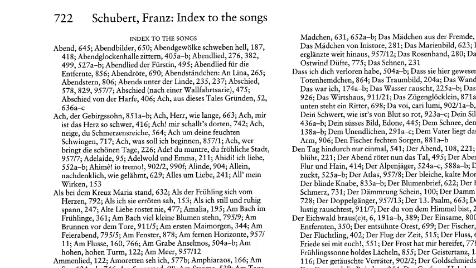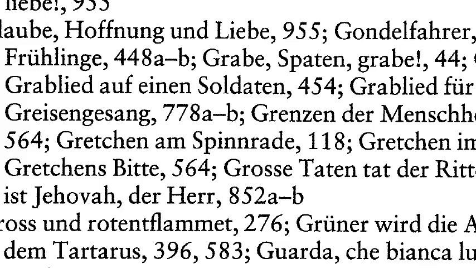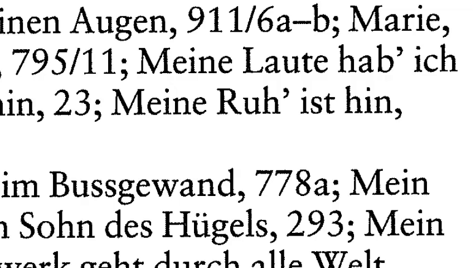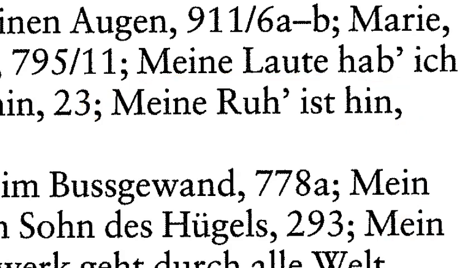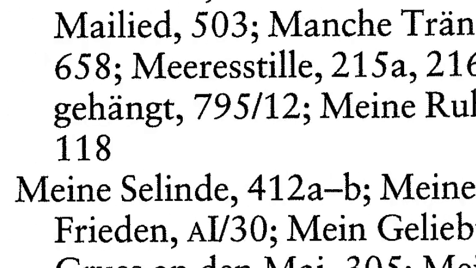We'll need the Deutsch number to find it, so we'll start with the index to the songs. We can find it alphabetically by title, or if we only have the first line of the text, Meine Ruhe ist hin, we can find it with that. Either way, we see that the Deutsch number is 118.